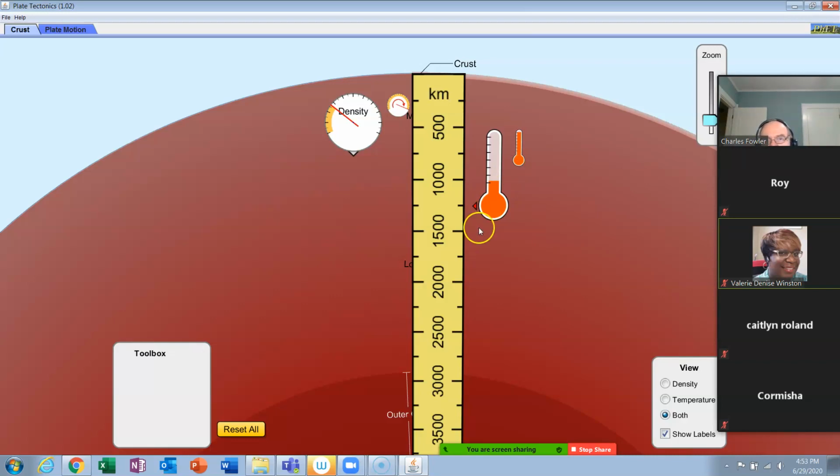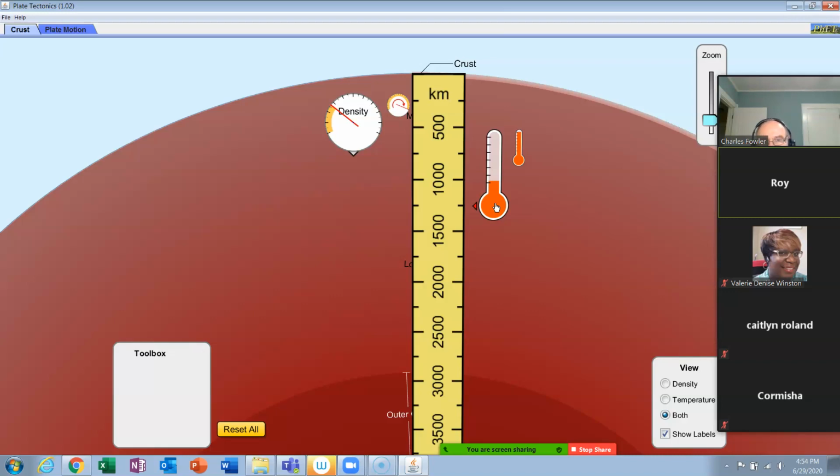Does it say keep on going down? Oh, you're in the lower mantle, aren't you? Yeah, lower mantle.